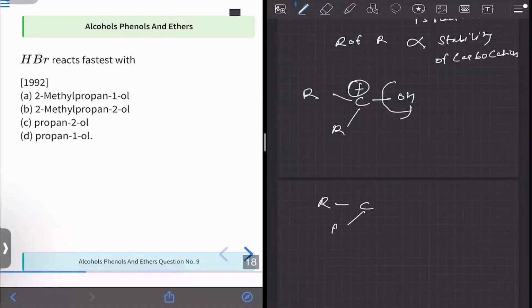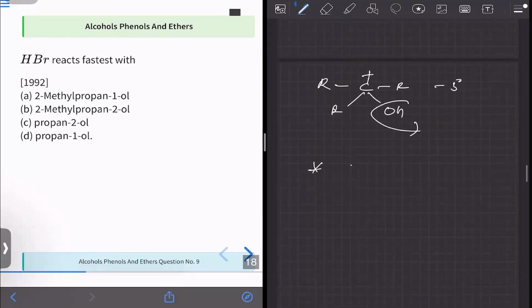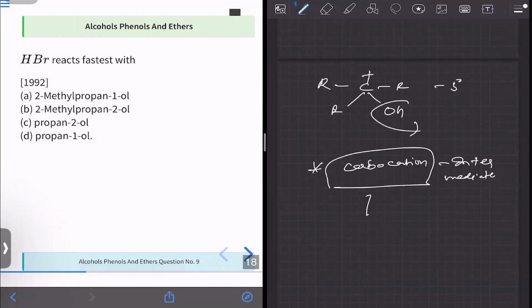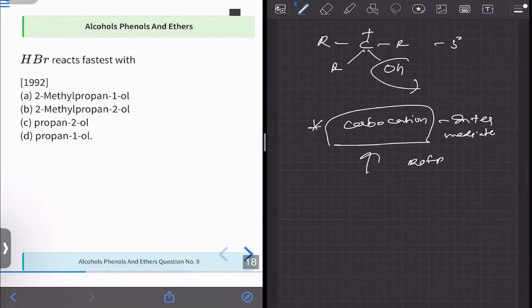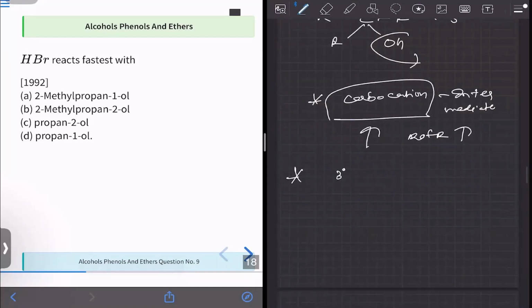In this case, whenever it releases, it produces a tertiary carbocation. The carbocation is the intermediate. Whenever the stability of the carbocation is more, the rate of reaction will be more. So the stability of carbocation is tertiary greater than secondary greater than primary.